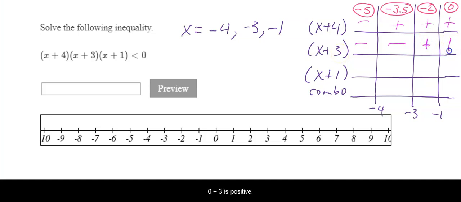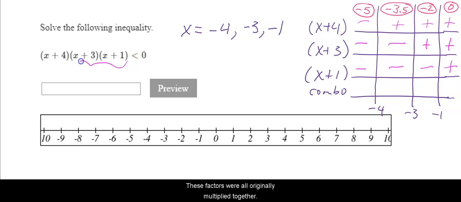And 0 plus 3 is positive. The last factor, x plus 1, should be changing sign at negative 1, its solution. Negative 5 plus 1 is negative. Negative 3.5 plus 1 is negative. Negative 2 plus 1 is negative, but 0 plus 1 is positive.